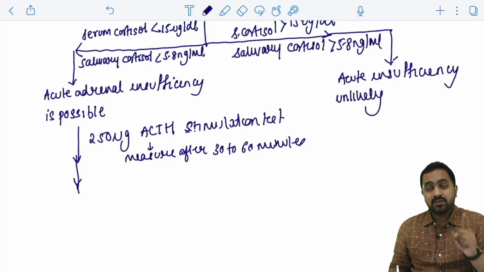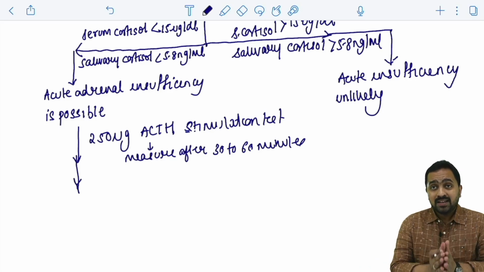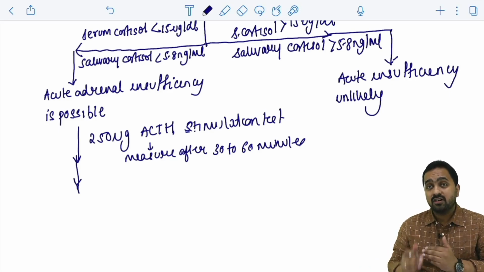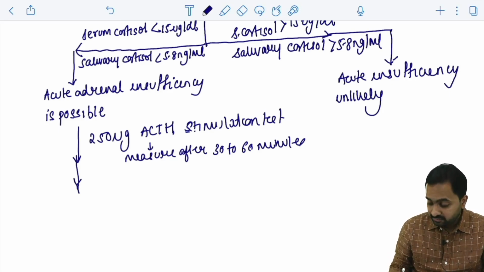So the first step is to check the serum cortisol and the salivary cortisol. If that is low, then there is a possibility of adrenal insufficiency. Once that is established, then we give a cosyntropin ACTH stimulation test and measure the level after 30 to 60 minutes.